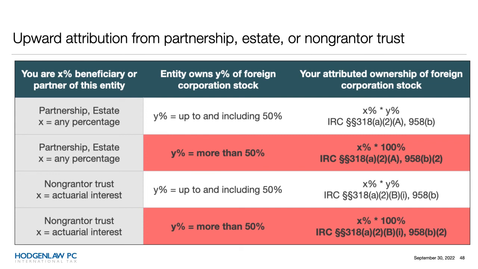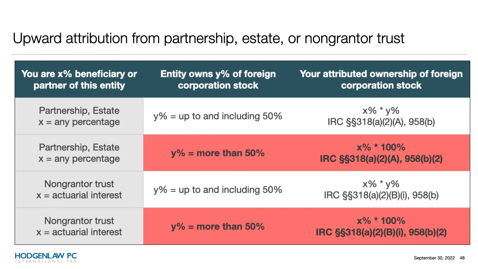The red or pink or whatever color it is, salmon, rows here show you what happens when this entity owns more than 50%. So it's not 50% or more, it's more than 50% of the stock of a foreign corporation.